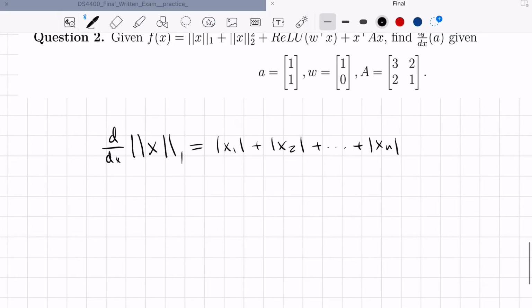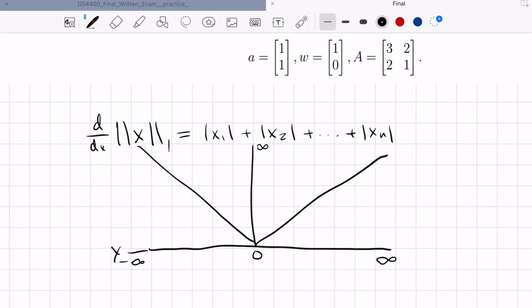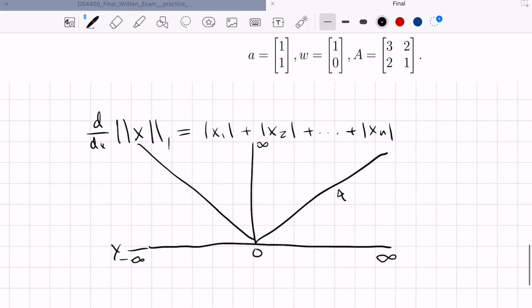If we draw out the equation for the absolute value, this is the y-axis, and this goes to negative infinity and this goes to positive infinity. What the absolute value function looks like is simply this, and the slopes of these two lines are 1 and negative 1.